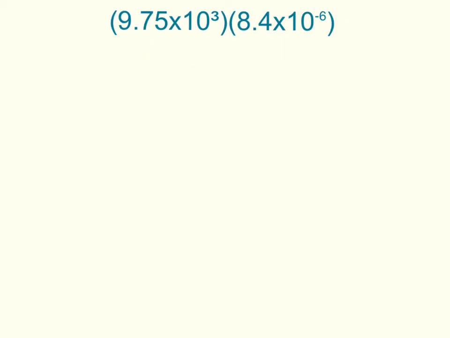Okay, last example where we are multiplying, and then we can do some division. But first here we multiply our coefficients. What is 9.75 times 8.4? It is 81.9. And then times 10, we have to add the exponents. What is 3 plus negative 6? That is negative 3.